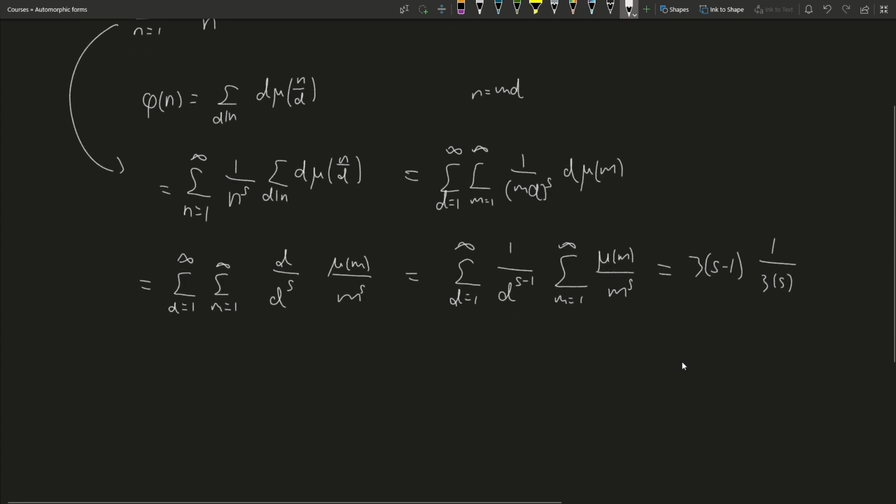So what we end up getting is that the sum from n equals 1 to infinity of the Euler totient function phi of n over n to the s is equal to zeta of s minus 1 over zeta of s.